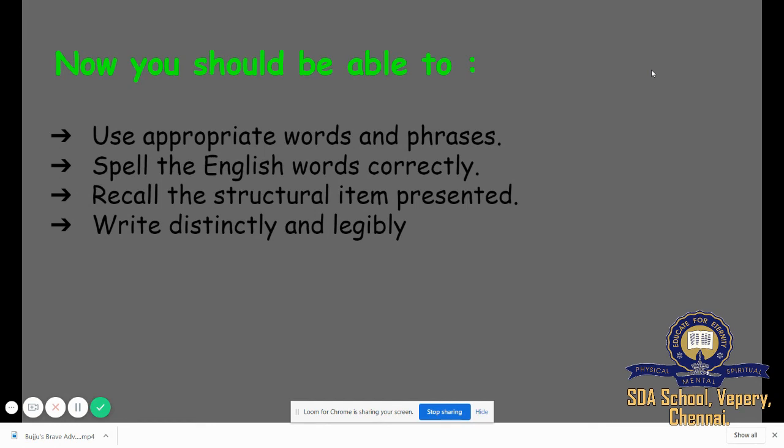We learned about conjunctions. What is a conjunction? A conjunction is a word that joins two nouns, phrases, or sentences. In this video, we learned how to use and, but, or. And, but, or are conjunctions, otherwise known as connecting words.